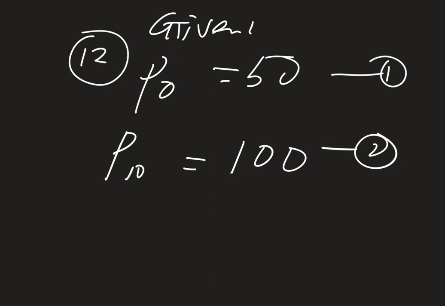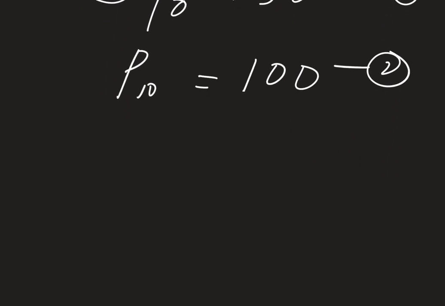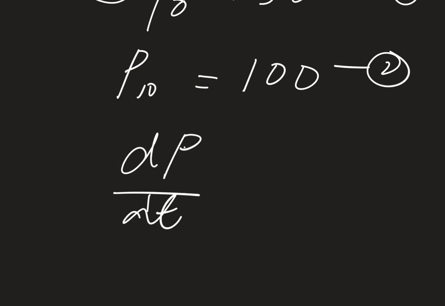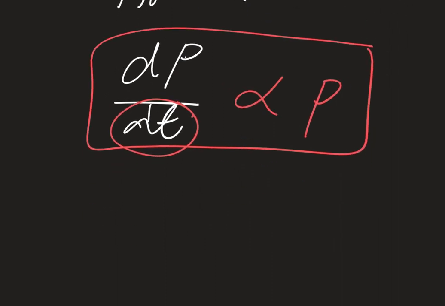They say the first model that scientists use assumes the rate of change of the population, that means dP/dt, is proportional to the population. So this is what we call a first order equation. In chemistry, you know that first order kinetics is proportional to the population. So this is the initial guess.